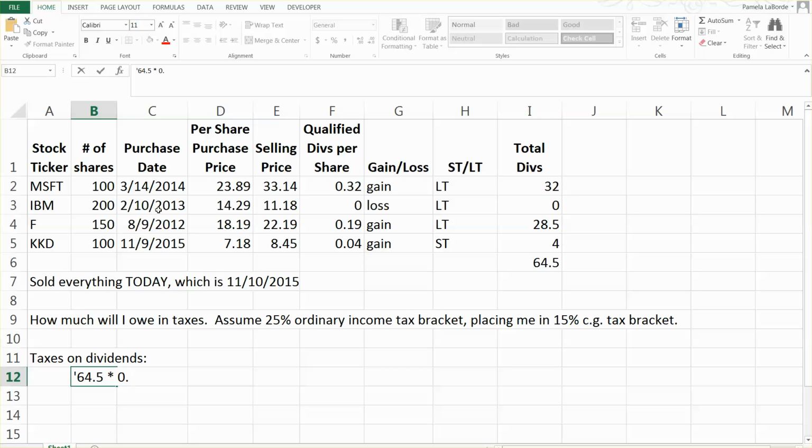And since dividends are taxed as long-term capital gains, I owe a 15% rate on that. And that's going to be equal to 0.15 times 64.50. So I'll owe $9.68 in taxes on my dividends.